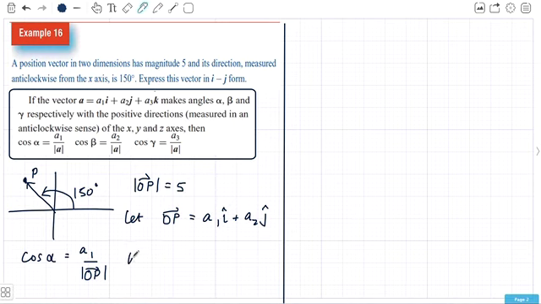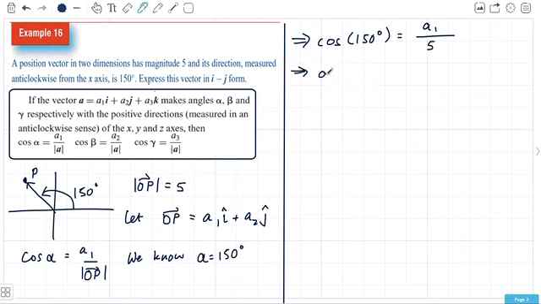So alpha equals 150 degrees. So we have cosine of 150 degrees equals A1 on the magnitude of OP, which is 5.